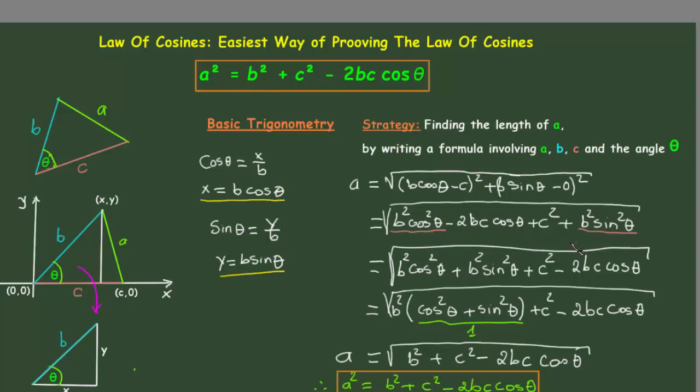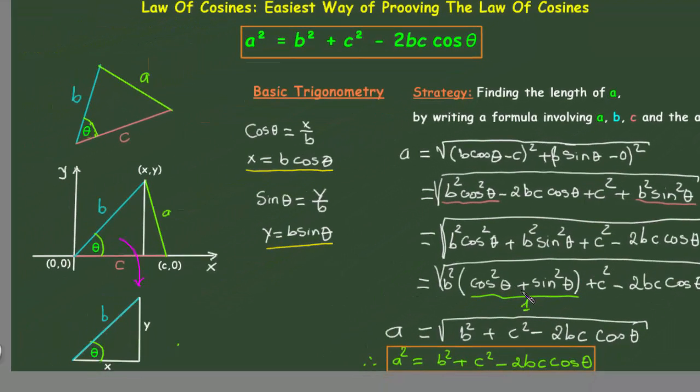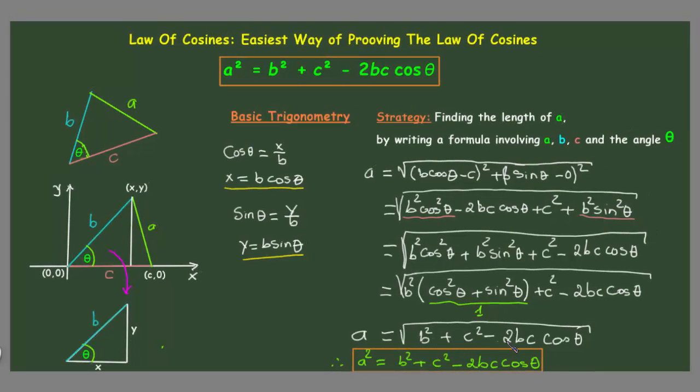That's what we wrote here, and then we distribute or multiply out through the square root, rearrange it, rearrange again, and find that we have a Pythagorean identity, and then we come to the end result of a equal to the square root of b squared plus c squared minus 2bc cosine of theta. We square both sides of the equality, and it gives us our formula. And this is the proof of our law of cosines in this case.